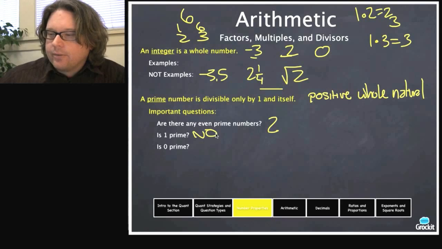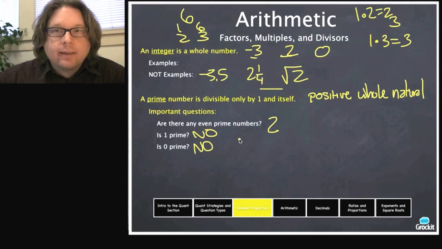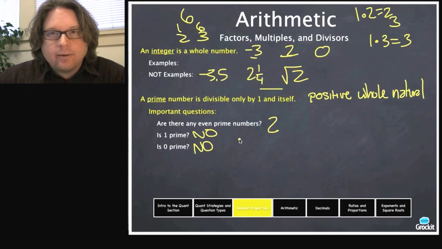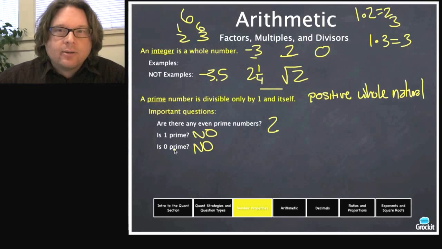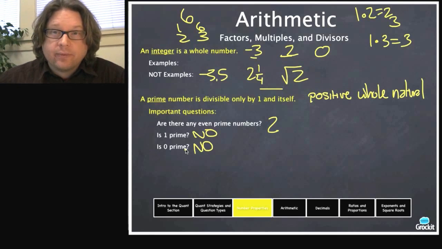Is 1 prime? No. Is 0 prime? No. 0 is not prime for the opposite reason. Since you can multiply any numbers together with 0 to get 0, 0 is also not prime. You need to have 2 and only 2 distinct factors, whereas 0 could be 0 and 1 or 0 and 11 billion.